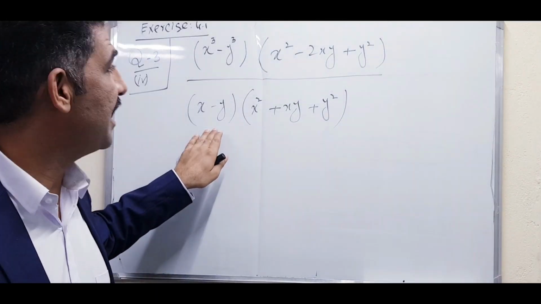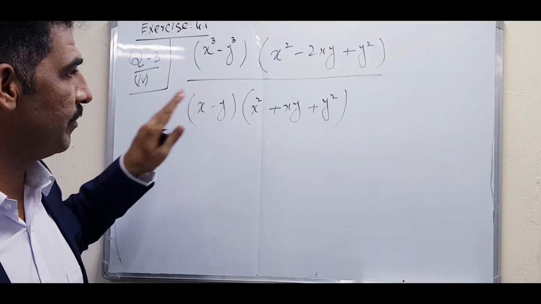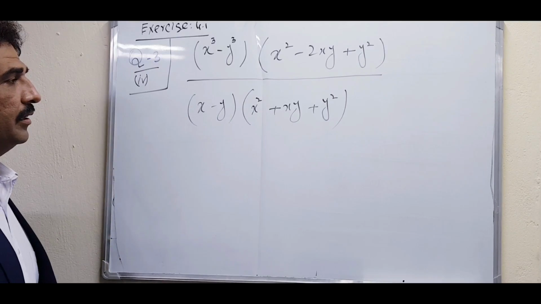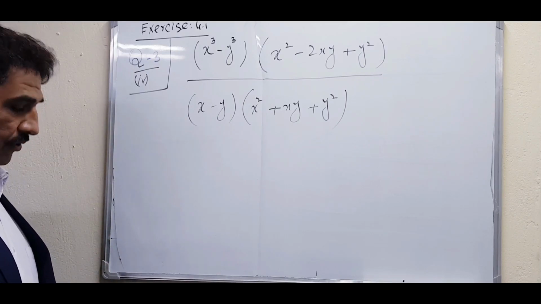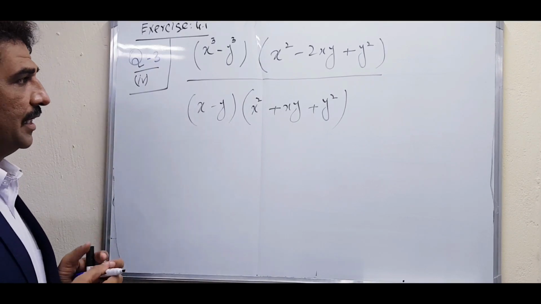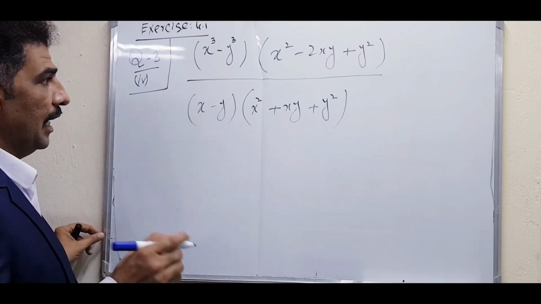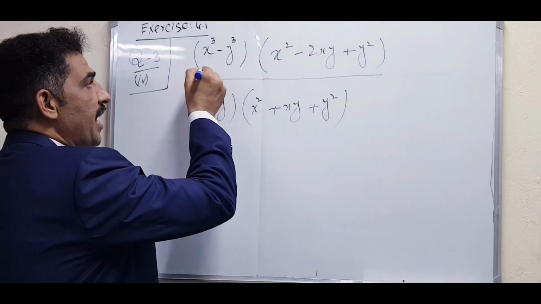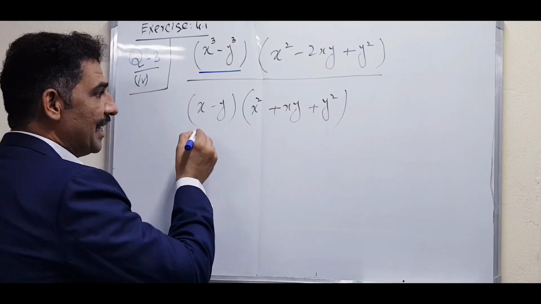In exercise 4.1, or chapter 4, there are some algebraic formulas. You must be perfect in those formulas. So there are 2 ways to solve this question. Actually, when we expand this formula, then we will get this answer.